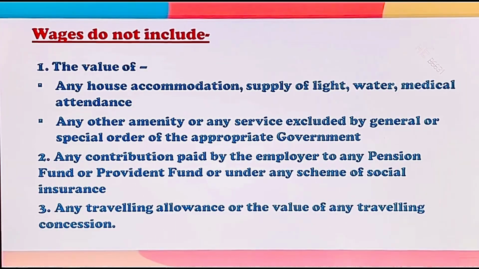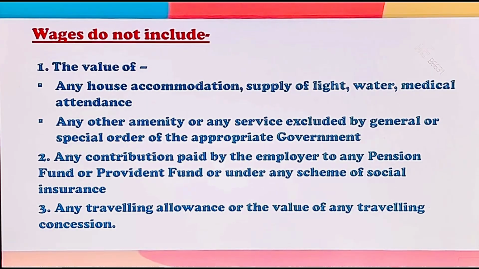allowance. Now, it is very important to know that wages do not include the value of any house accommodation, supply of light, water, medical attendance, any other amenity. Amenity means features, services, or convenience that make a place more comfortable, attractive, or enjoyable.